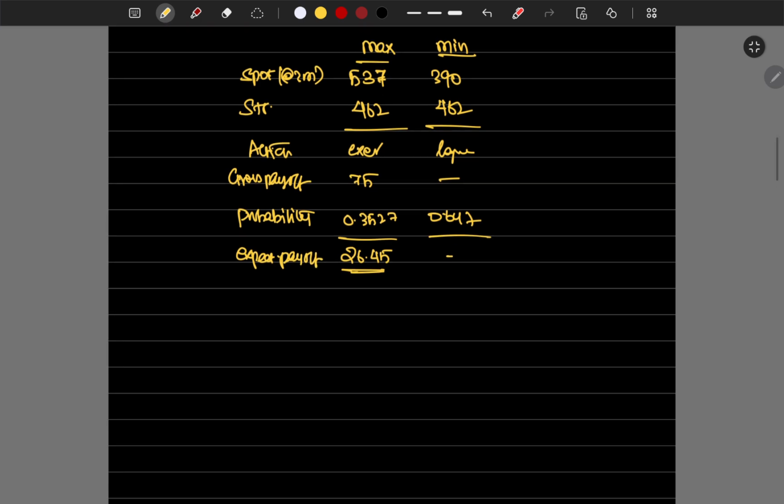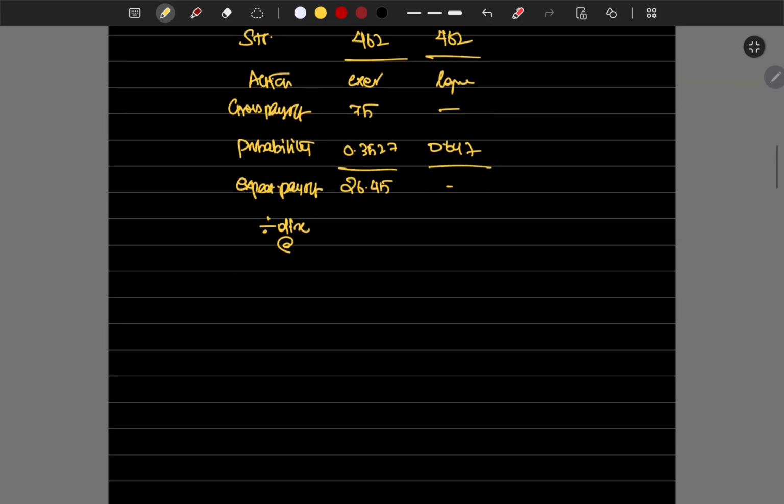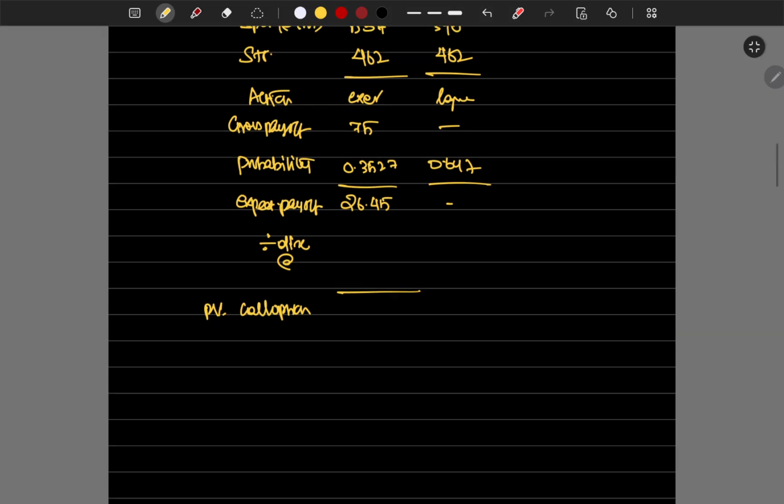Now discount this. This is the future value. We need the present value of the option.